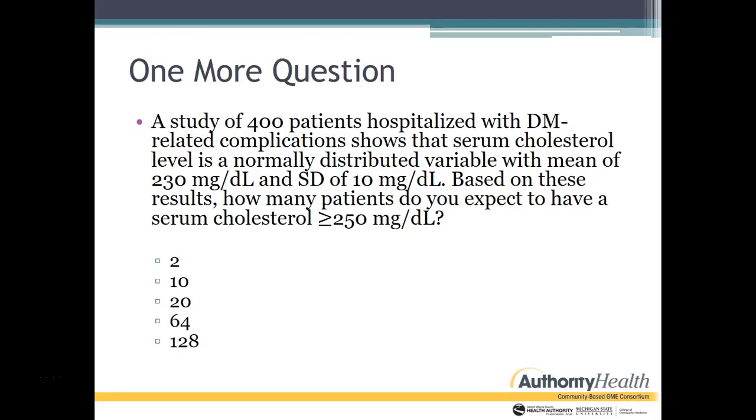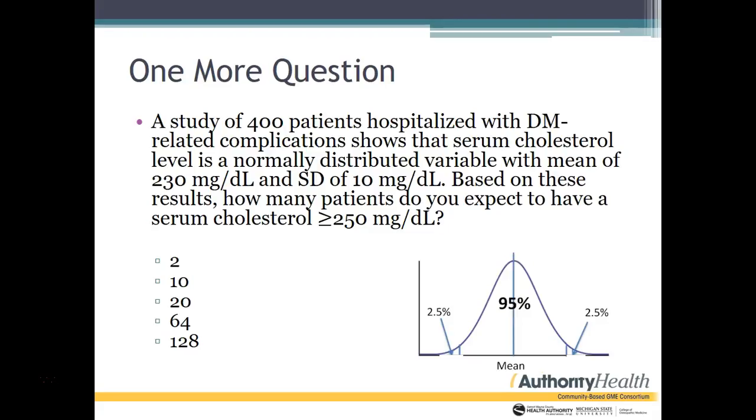All right, basically the same numbers. 230 is the mean with a standard deviation of 10, in a study of 400 patients. So based on the results, how many patients do you expect to have a serum cholesterol over 250? Now that would be greater than 2 standard deviations. So 95% of the data lies within 2 standard deviations, but how much is greater than that?